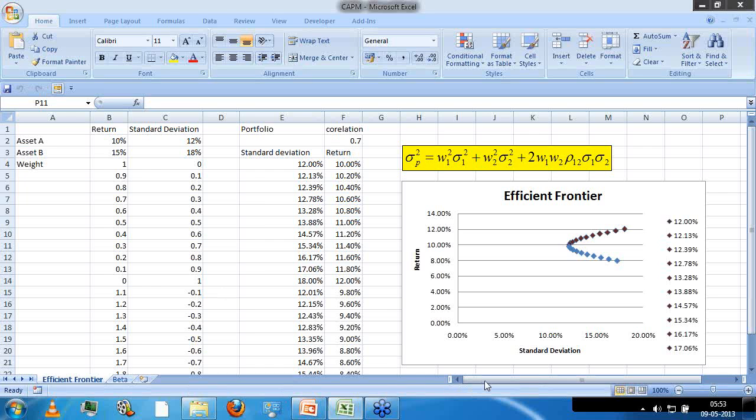Because what happens is that if the market is going through tough times, you will observe that both the stocks are going to fall because they are positively correlated. So you will observe that both stock A and stock B are falling and you are experiencing high losses because you have taken stocks which are positively correlated.